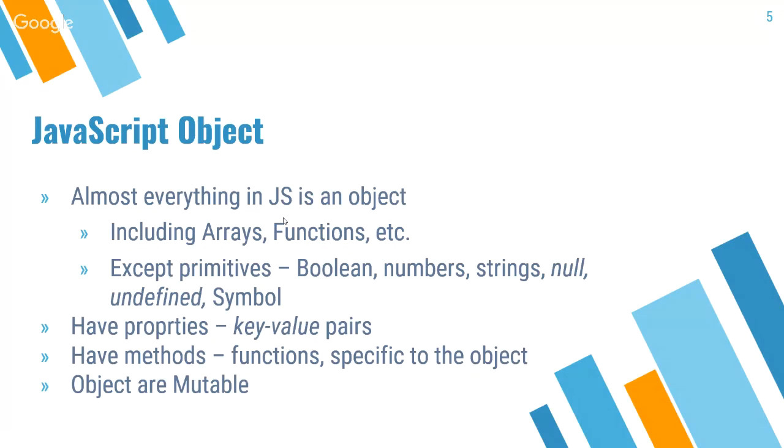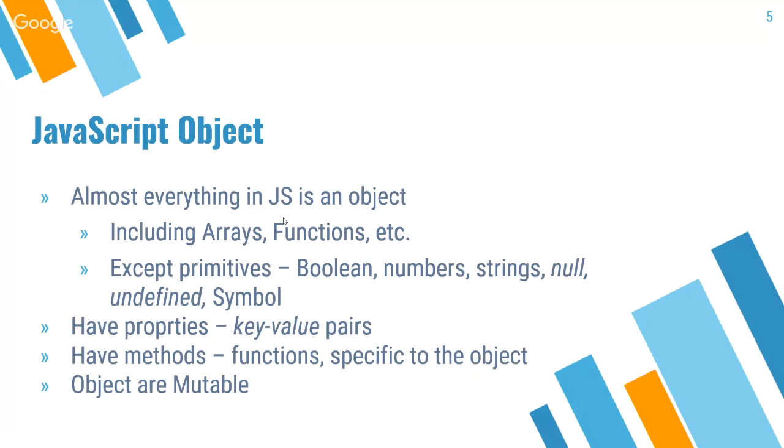Also, they are read-only and cannot be mutated. What that means is that we cannot change the properties they have, we cannot add properties, we cannot use any methods on them, and that's what immutable means.